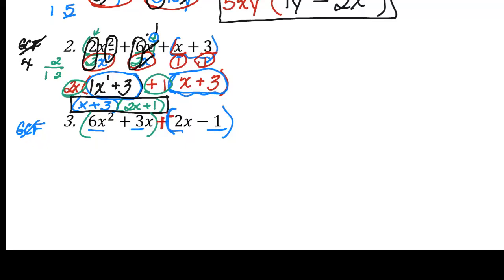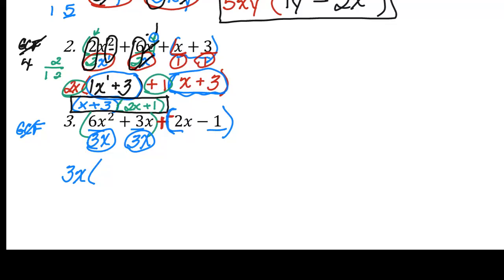So looking at my first terms, I've got a 6 and a 3. Looking at the smaller, which is 3, it does divide evenly into both. And I have an x squared and an x. The smaller exponent would be x to the first, so I can take 1x out. This is my greatest common factor here, so I put that first.